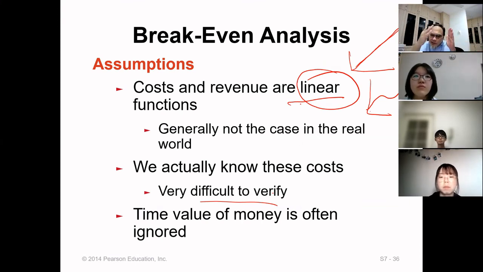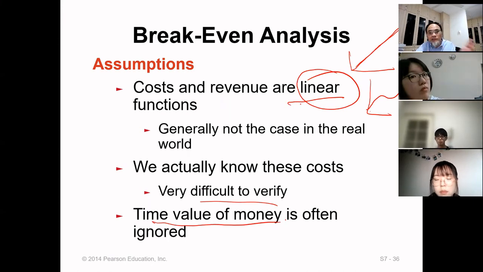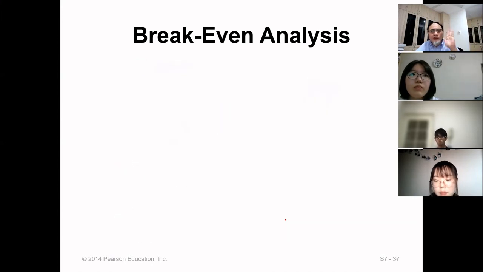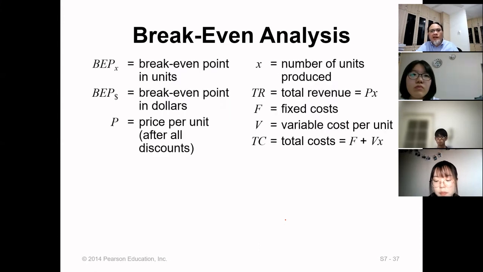So this is the best. And also we forget about time value of money. Time value of money is ignored. Because of interest rate changes, the value of money in the future changes, but here it is treated as constant. That is our assumption.